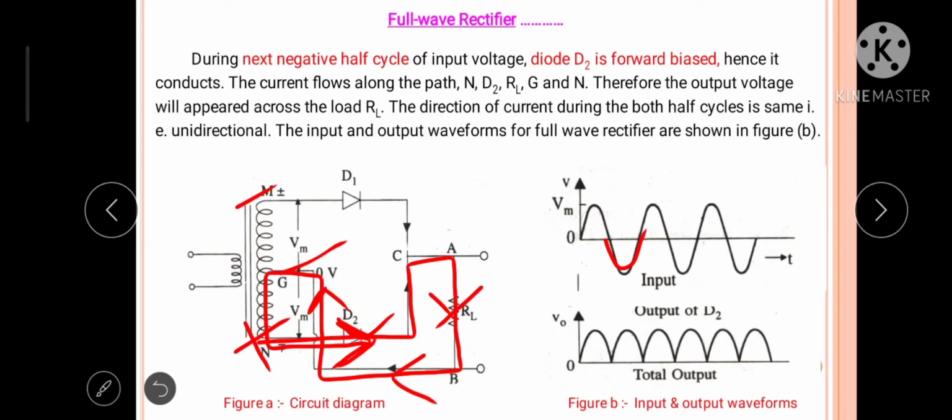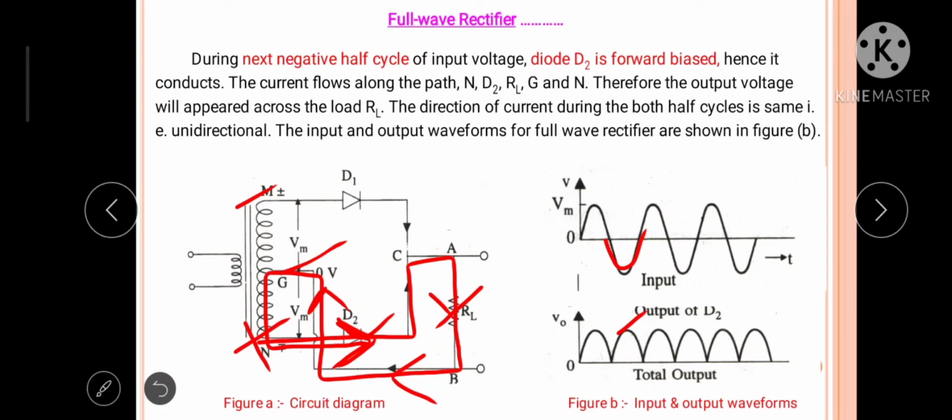Therefore, the output voltage will appear across the load RL. The direction of current during both half cycles is same, from point A to point B, and can be called unidirectional current.